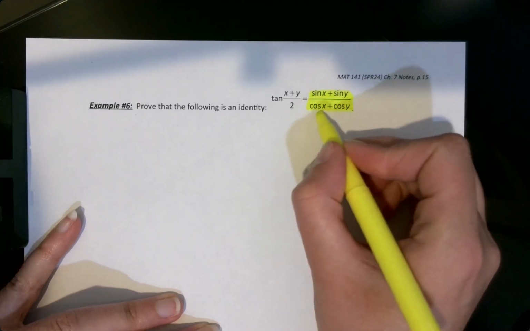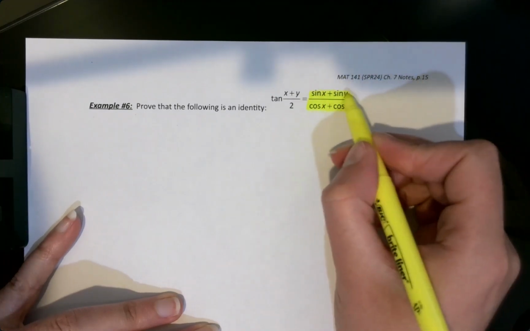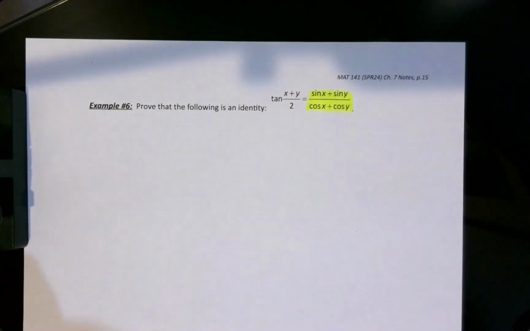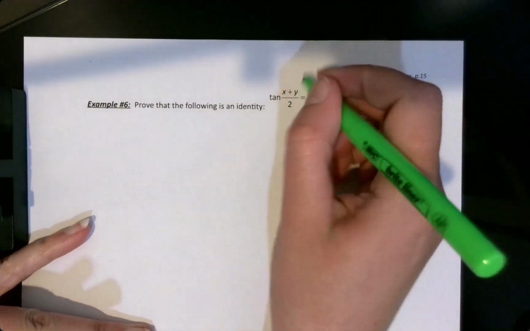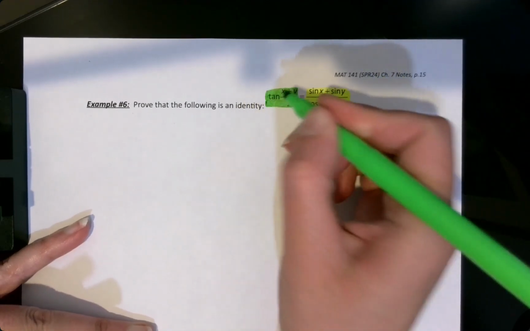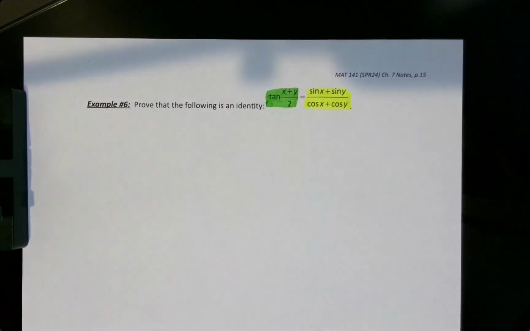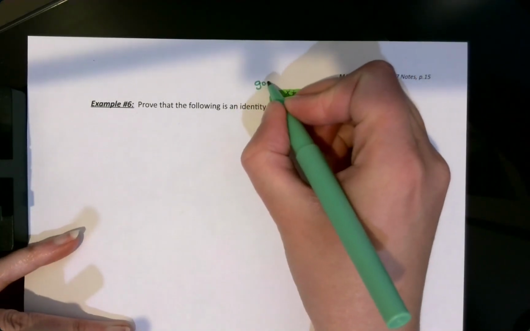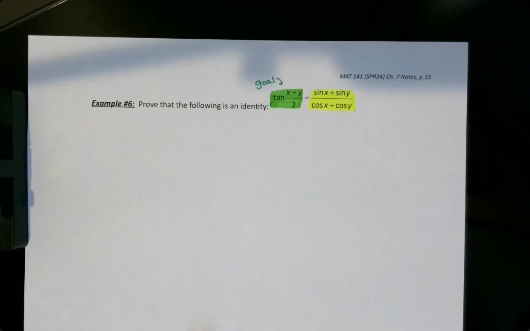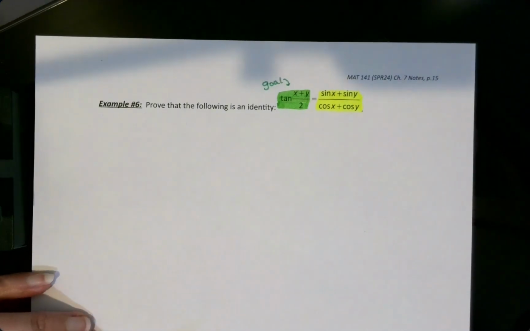It's got 4 different functions, and it also has different angles, angle x and angle y. So I'm going to work on that right-hand side with a goal of getting to the left-hand side, which is the tangent of x plus y over 2. So this time, my goal is going to be to get from the right side to the left side.